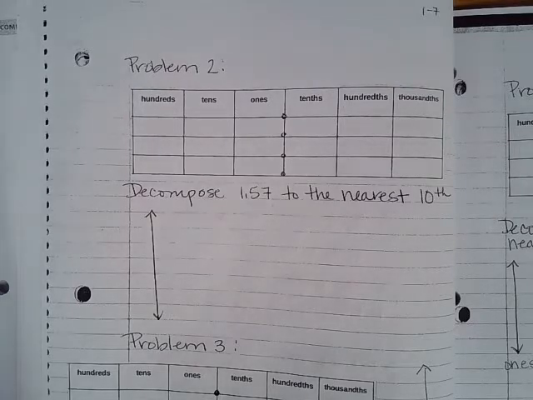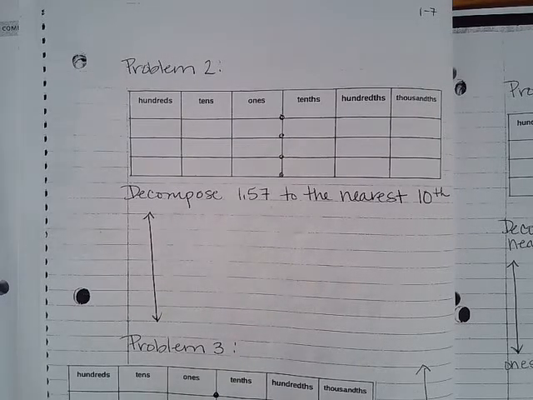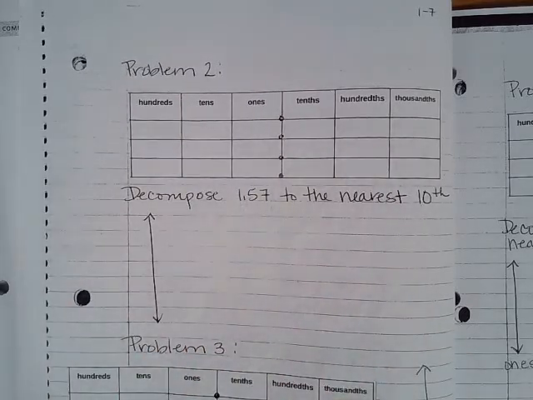How would you write 1.57 in tenths? Try that out. Just write it somewhere on your page. Feel free to use the place value chart.